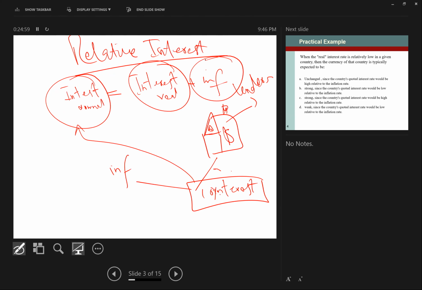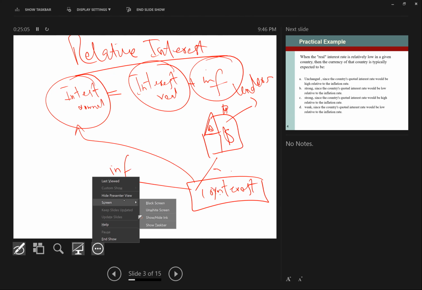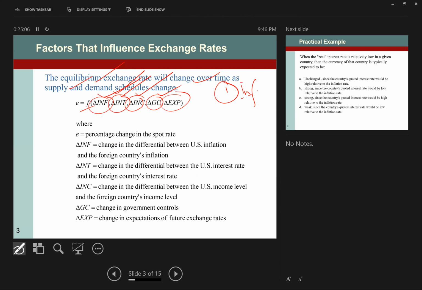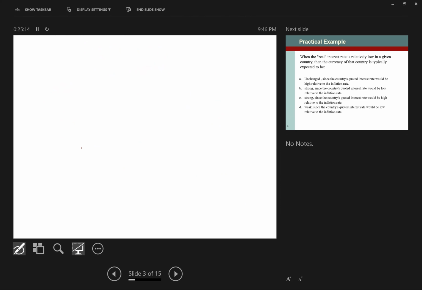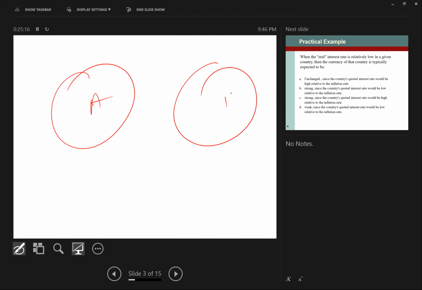Okay. So my question is, now broaden your spectrum regarding this concept. If a question arises and it says the interest rate in country A is 11%, and in country B it is 12%.